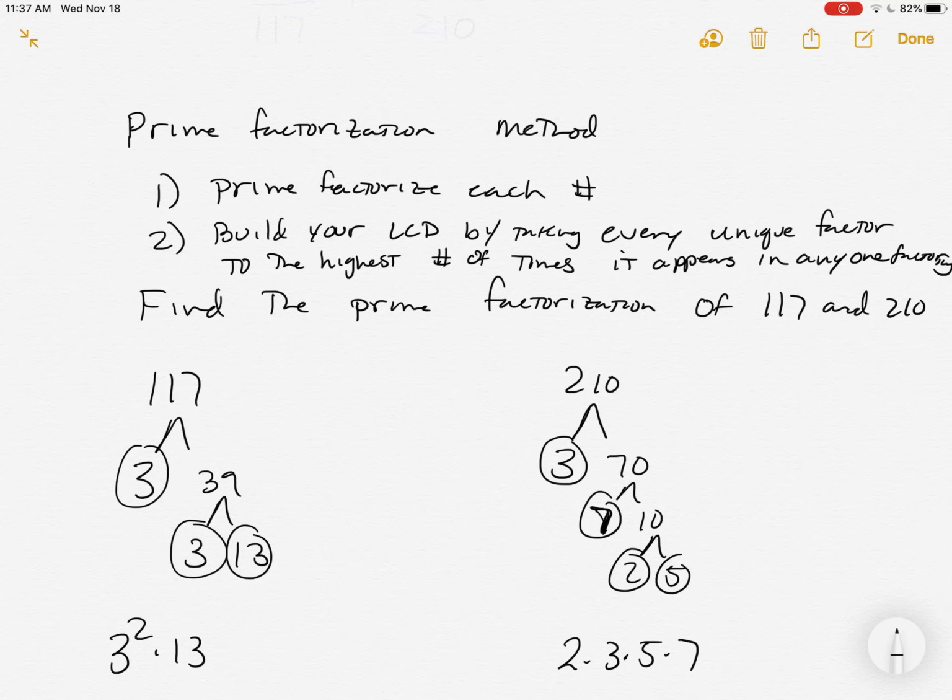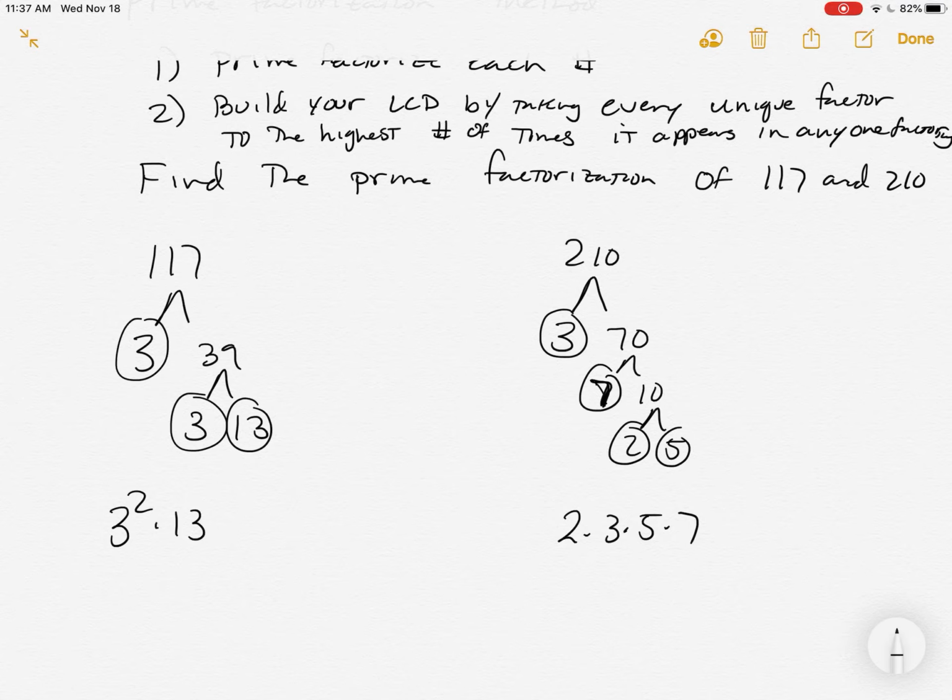So, why are we taking all of them? Because we need a number that they both can go into. Before, we were looking for a number that divided evenly into each. Now we're looking for a number that's bigger than, so we're taking everything.